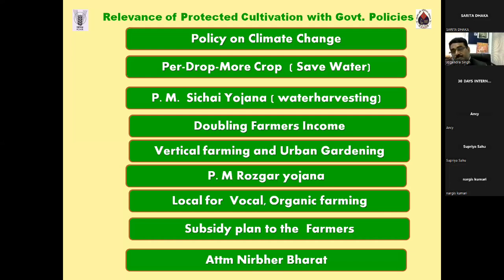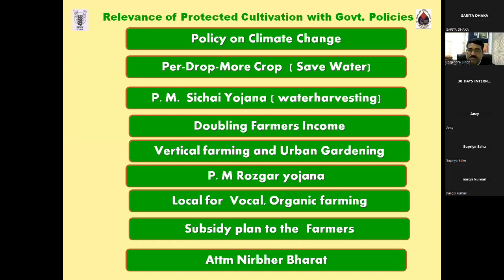Local for vocal, organic farming became part of the use, because of protection from biotic and abiotic vectors. So this is one component we can use as an organic mode and chemical-free farming. Subsidy plans are already in policies, provided by the Government of India and state government, both.